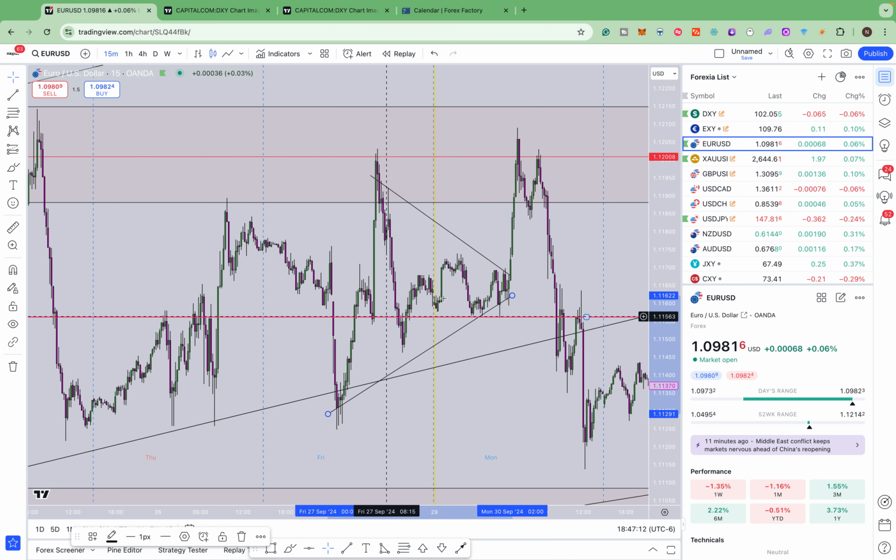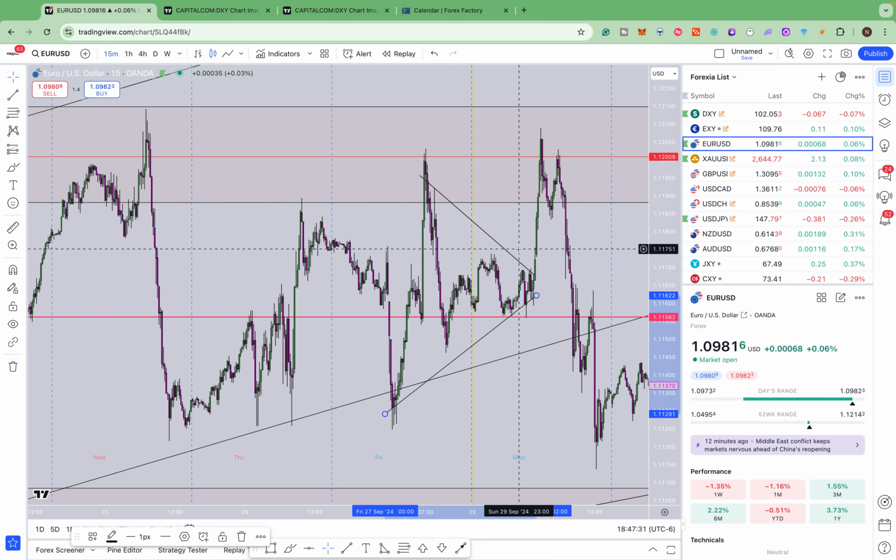Very obvious wedge pattern, and it's breaking out to the upside past the high of the previous day, not quite the high of the week, but past the high of the previous day, Friday, and this was the start of the week on Monday.